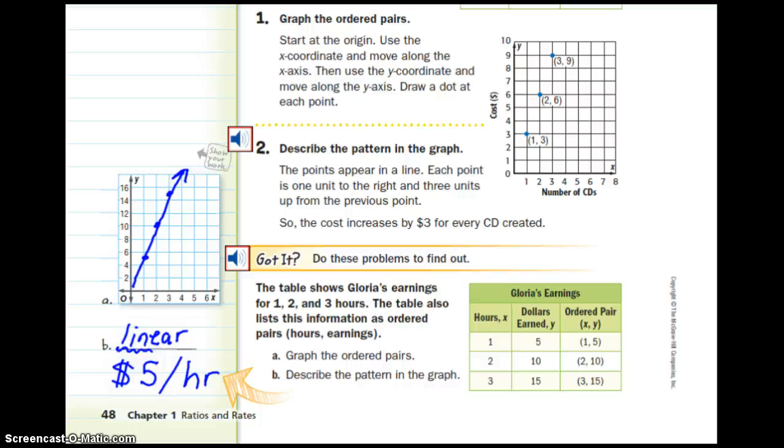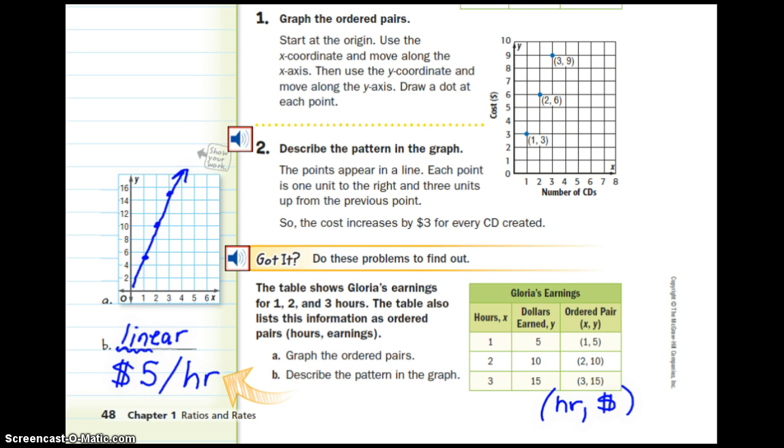So I earn $5 an hour. Back here, the X is hours and the Y is money. So again, for every hour I earn $5. And we would write that $5 an hour.